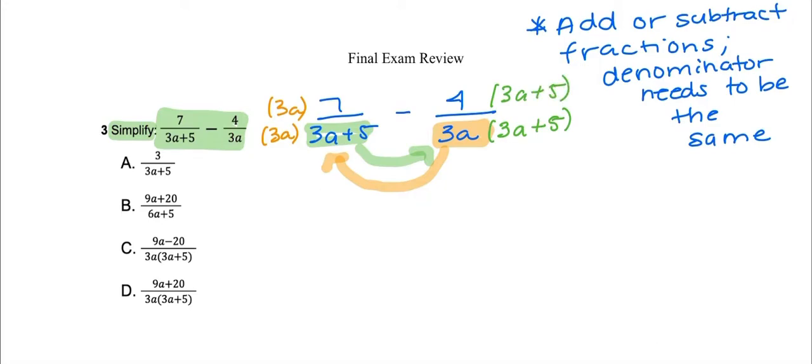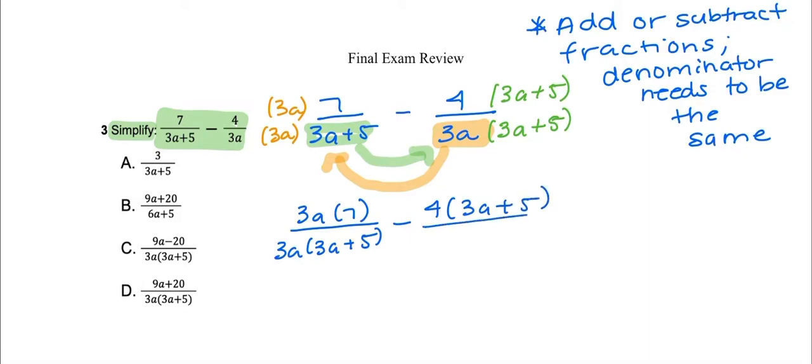Now I'm going to clear this up a little bit and rewrite everything with the correct terms. So now I have 3a times 7 divided by 3a times 3a plus 5, minus 4 times 3a plus 5 divided by 3a times 3a plus 5.